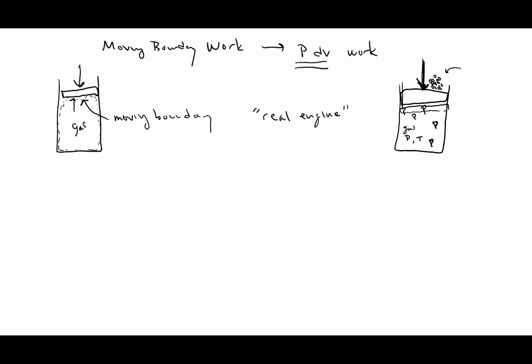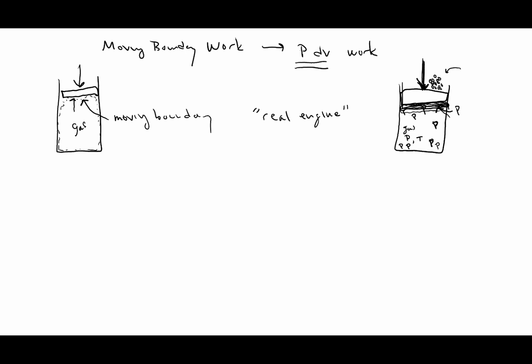The pressure right at the face of the piston, so the pressure here, is going to be different from the pressure, say, down here at the bottom of the cylinder. The reason is that we're applying pressure at the surface of the gas here, and we're changing the pressure here, but the pressure down here might not be in equilibrium yet if this happens really quickly.